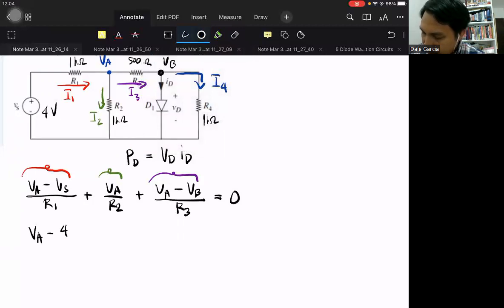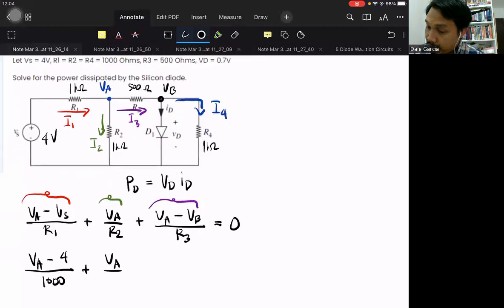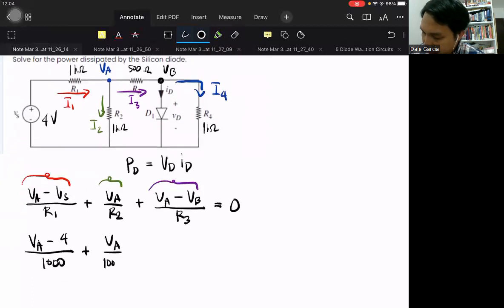VA minus 4 over 1K, plus VA over 500, plus VA minus VB, which is again 0.7, the voltage across the diode, over 500, equals 0.